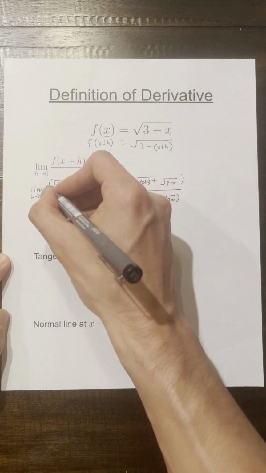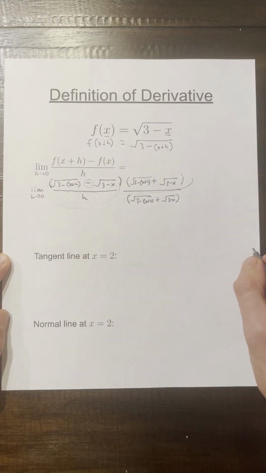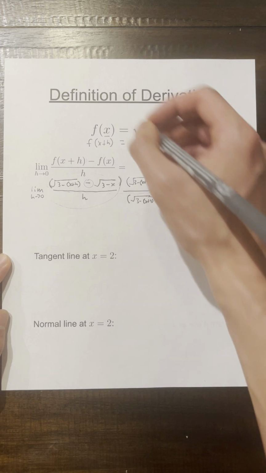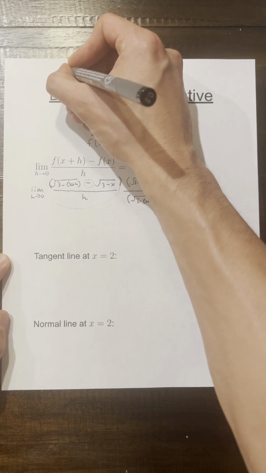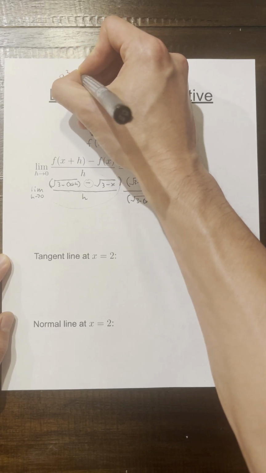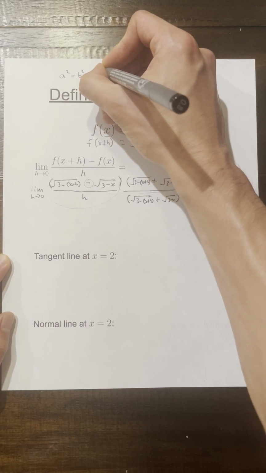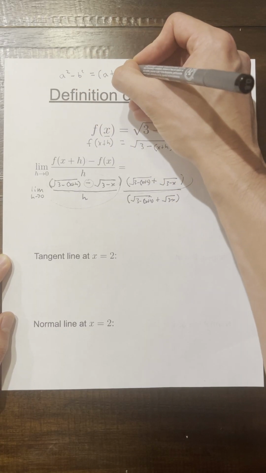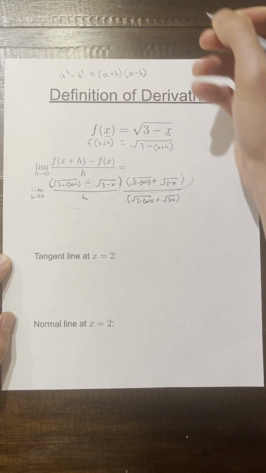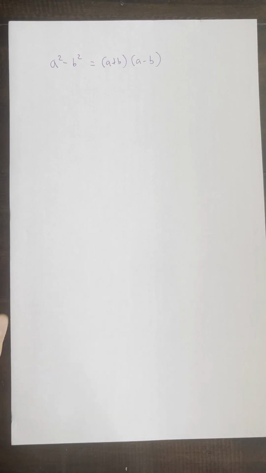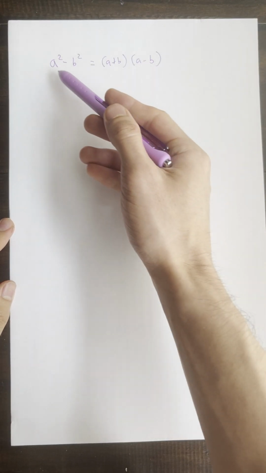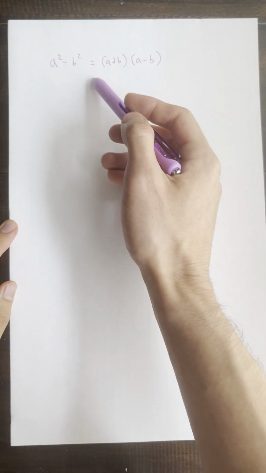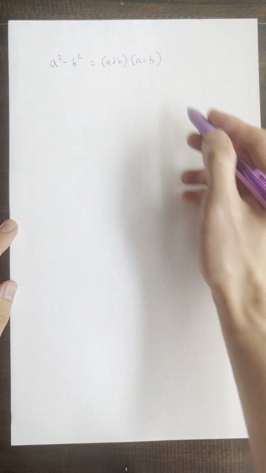Okay, so how do we simplify the top? Well, we can use difference of squares. As a quick recap, a squared minus b squared is equal to a plus b times a minus b. If you need a quick refresher on why this equation is true, you can FOIL the right-hand side.